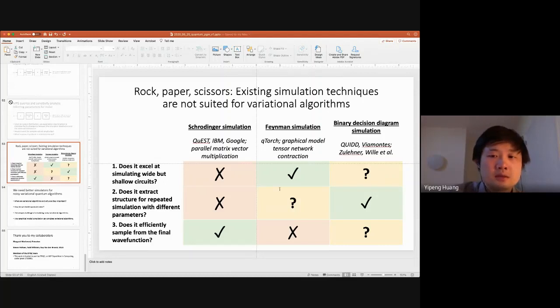The reason is that we're simulating these quantum circuits by finding one amplitude at a time, as opposed to holding the whole state vector all at once. That style of finding individual amplitudes is a lot more like Feynman simulation, tensor network simulation.